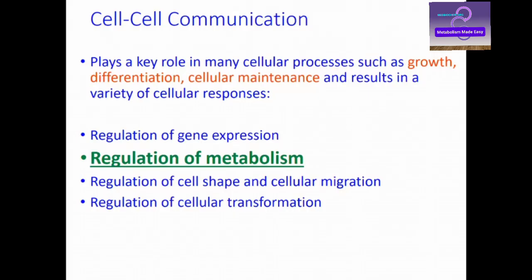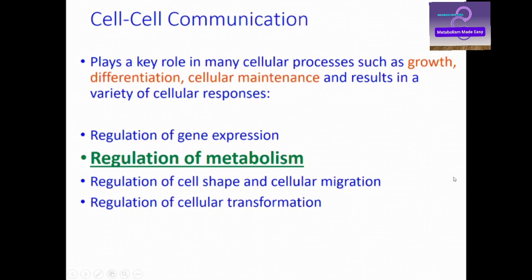So basically, what I described to you was cellular communication between two organs. It really is not just about regulating metabolism. It can regulate communication between organs, can regulate a whole slew of events, including gene expression, including cellular shape and migration, even cellular transformation as in cancer.